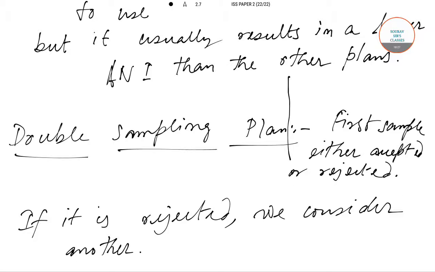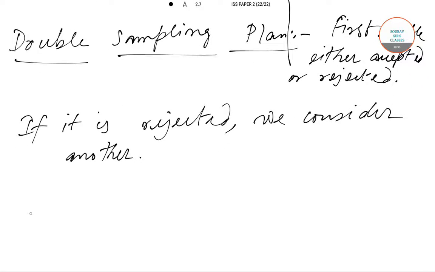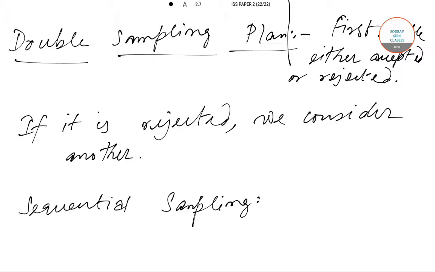Then there is sequential sampling plan. In sequential sampling plan, we can say that it is a further refinement of the double sampling plan.